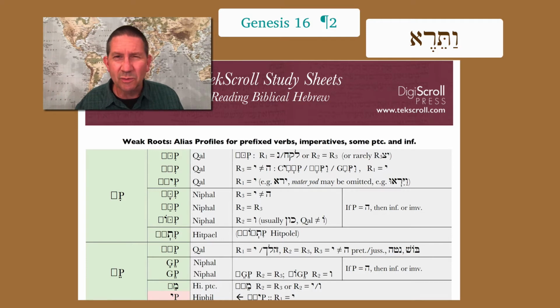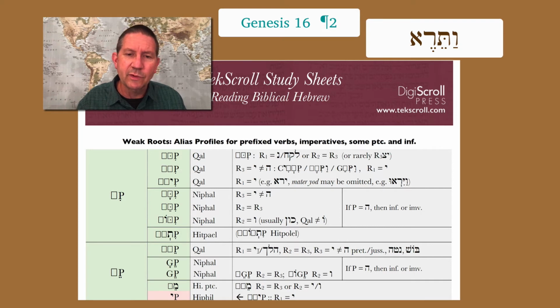When it's nifal, we're looking for kamates underneath the first radical, or something A-class at the very least, or on occasion that A-class vowel will have mutated and become a cholam if R2 was vav. But we're down here looking at the prefix over a tsere, and the first radical is not a guttural, so that puts us in line for the cal.